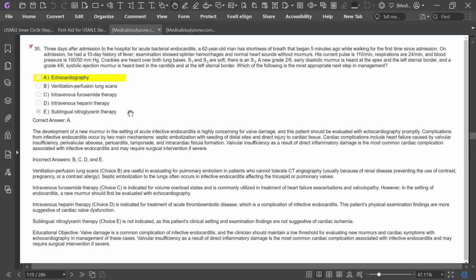Complications from infective endocarditis may occur by two main mechanisms: septic embolization with seeding of distal sites, and direct injury of the cardiac tissue. Cardiac complications include heart failure caused by valvular insufficiency, perivalvular abscess, pericarditis, tamponade, and intracardiac fistula formation. Valvular insufficiency as a result of direct inflammatory damage is the most common cardiac complication associated with infective endocarditis and may require surgical intervention if severe.